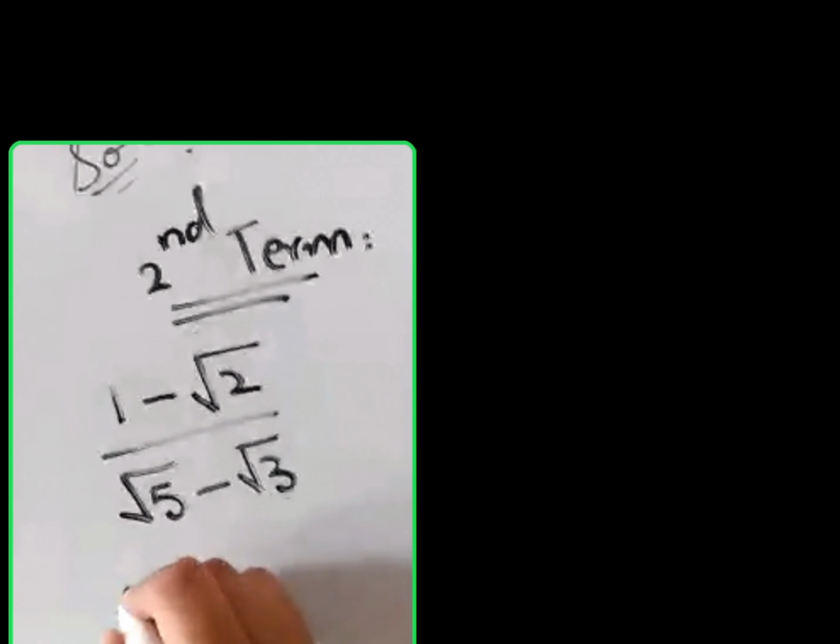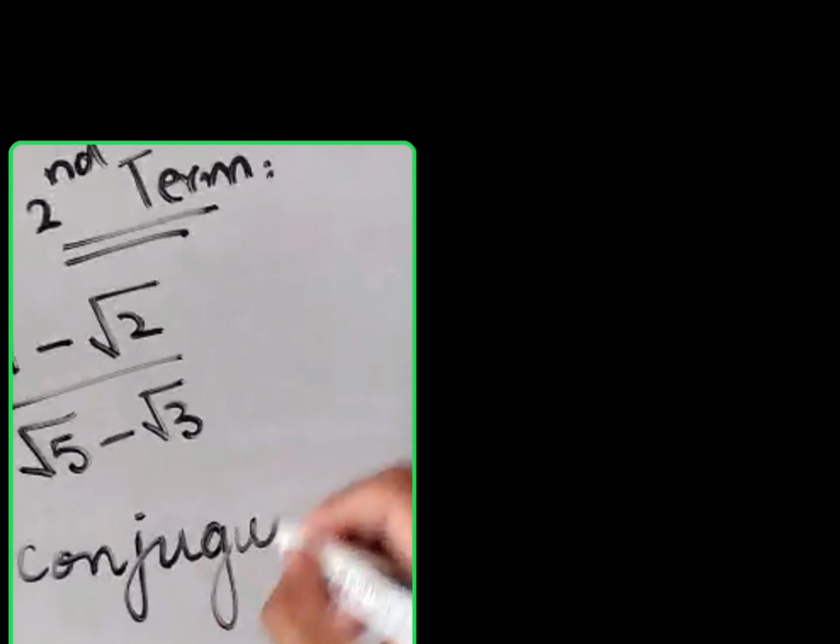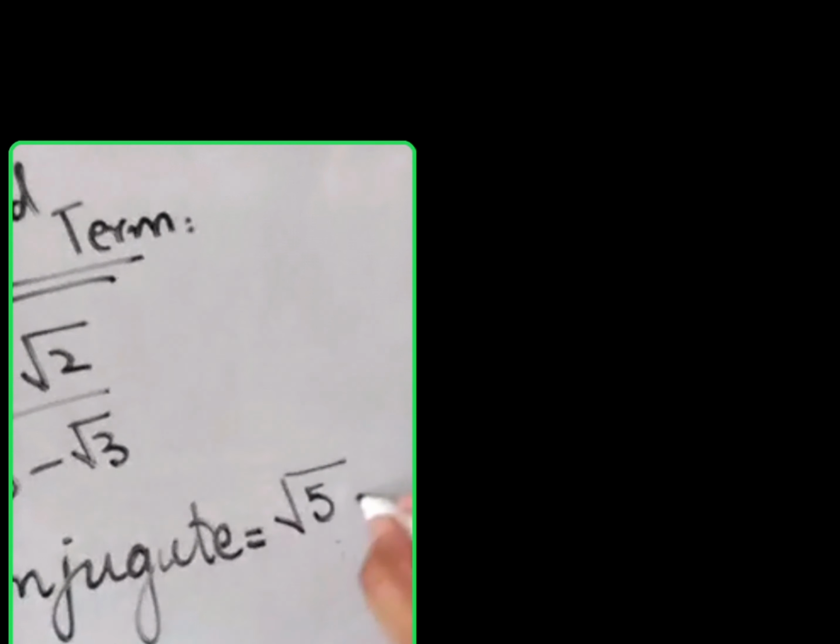Okay? To make it rational, write down its conjugate. The same steps that we have done in the previous question. Write down its conjugate. Its conjugate is, it is square root 5 minus square root 3, it will be square root 5 plus square root 3.